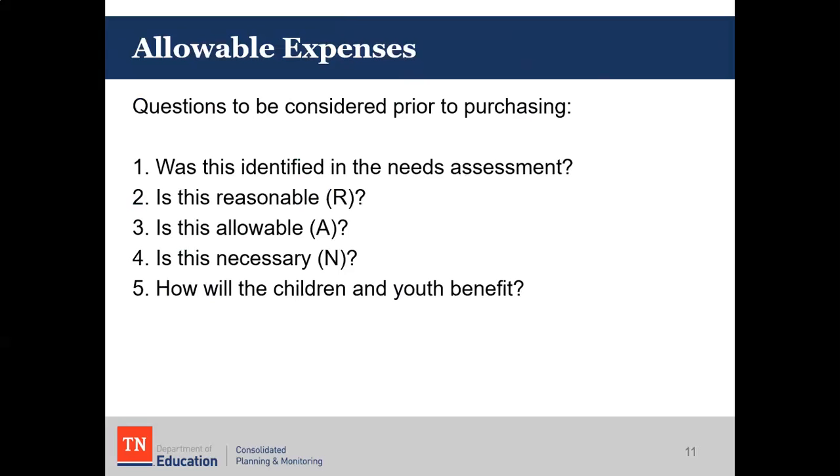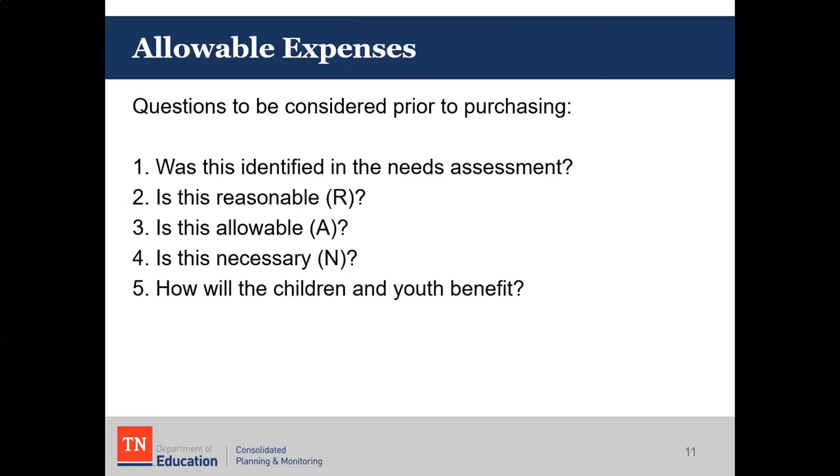So for example, if we have a therapeutic residential treatment center that wants to spend funds on counseling for students, well, chances are if you're in a therapeutic residential center, they should provide counseling for the students. That's most likely going to be a part of some of the contracts that they already have and really is an integral part of their makeup. So that would most likely be denied unless it was under a unique circumstance.